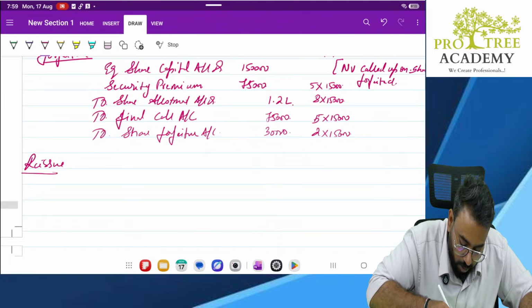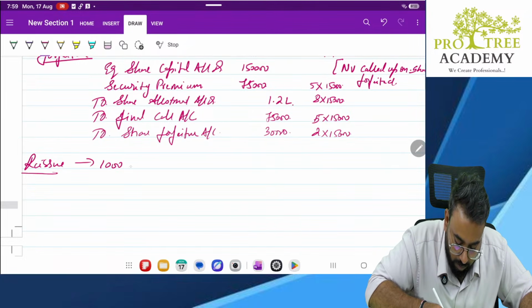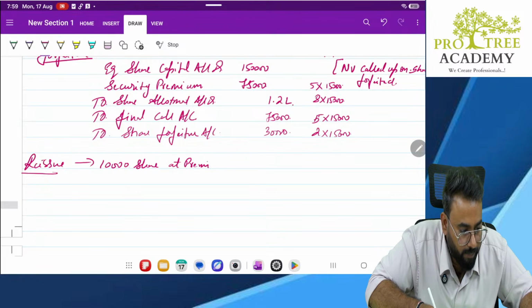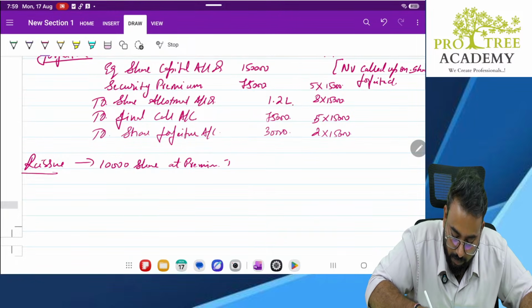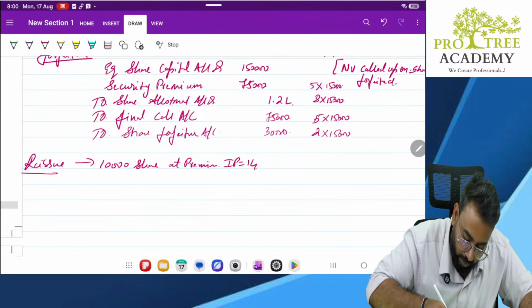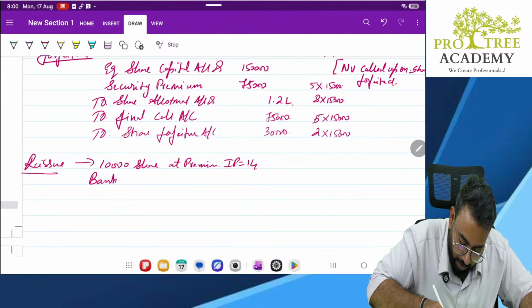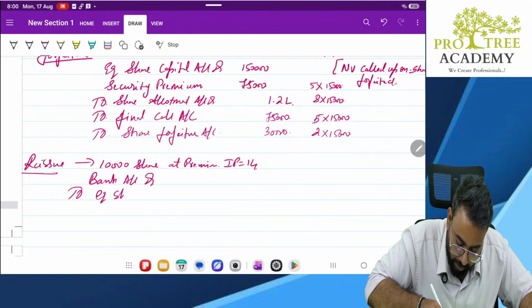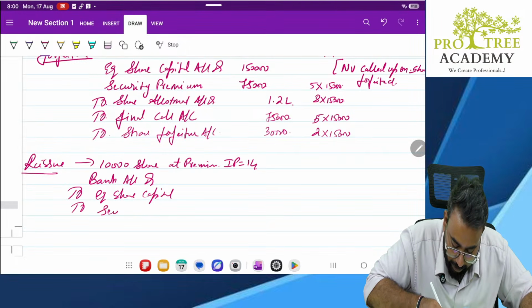How many shares reissued? Reissued 10,000 shares only, at premium. Okay. Now what is the entry? Bank account debit to equity share capital, to security premium.